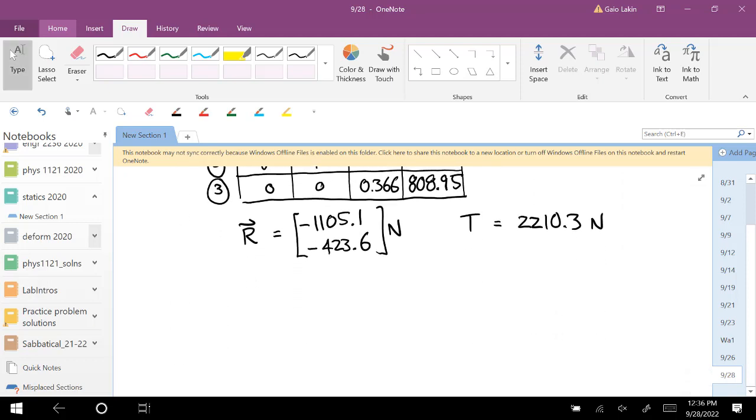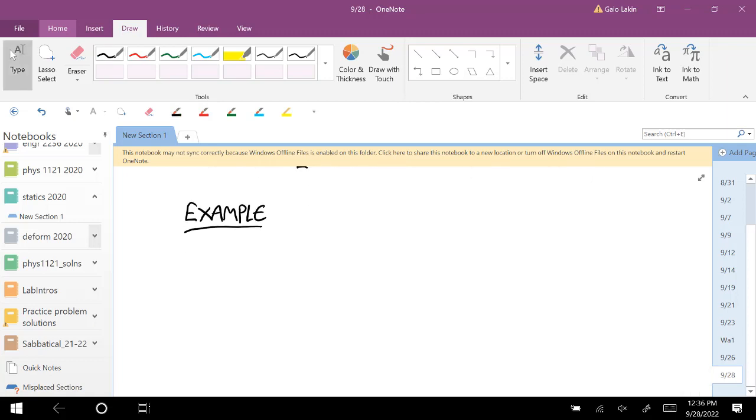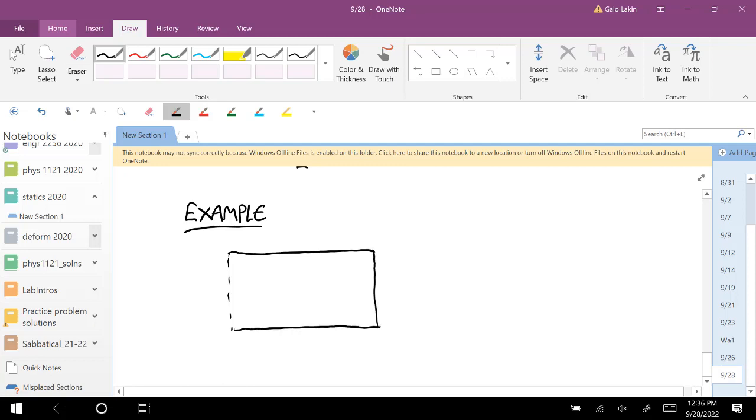Okay. Let's start another one, a three-dimensional one. I don't think we're going to be able to get through it, but let's say we have this plate, where this length is 0.6 meters. This is 1 meter.